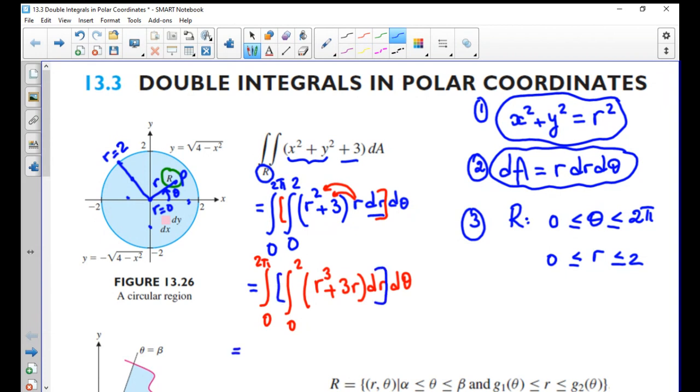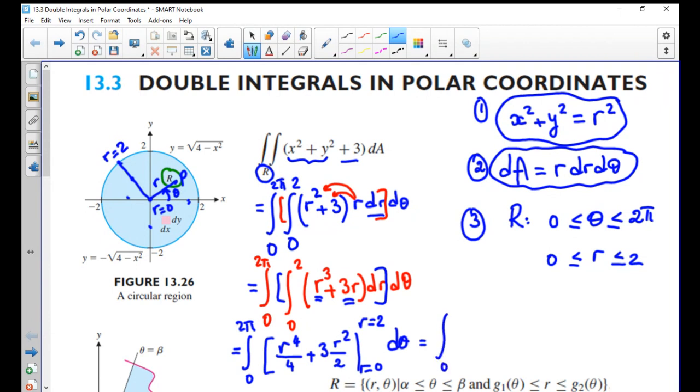Very easy to calculate. What is the integral of r to the power 3? Good. What is the integral of 3r? 3r squared over 2. This from r equal to 0 to r equal 2, d theta.